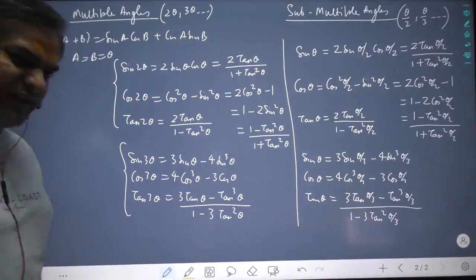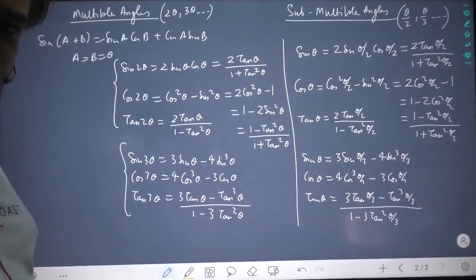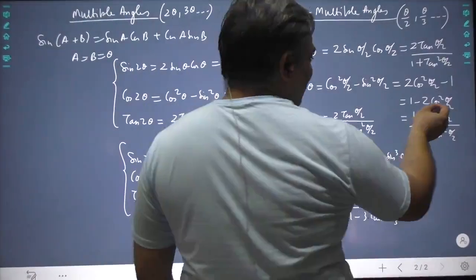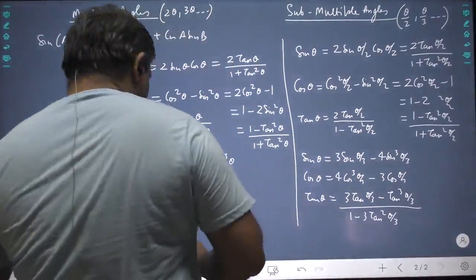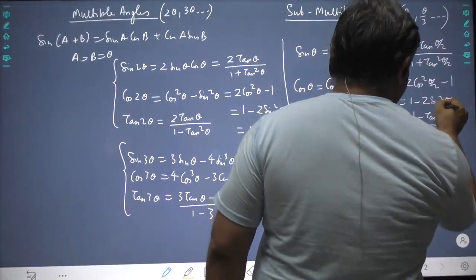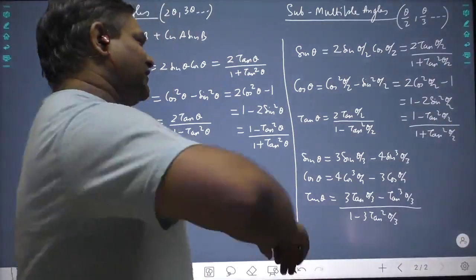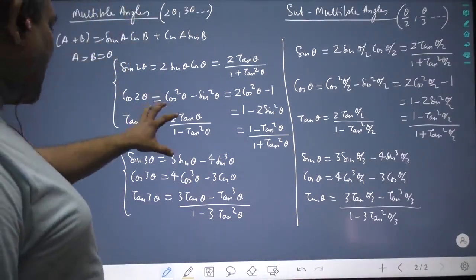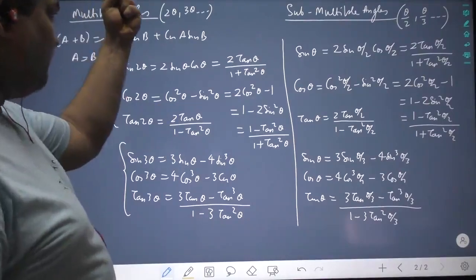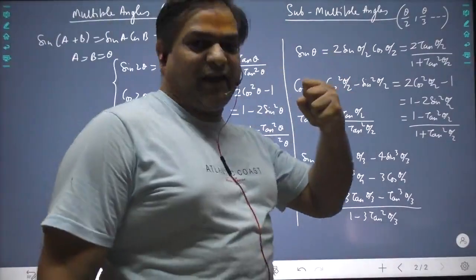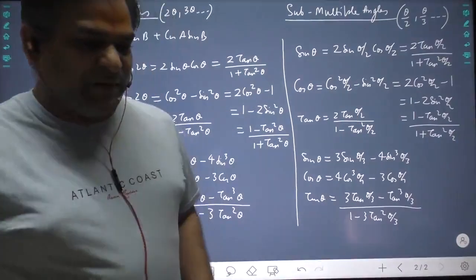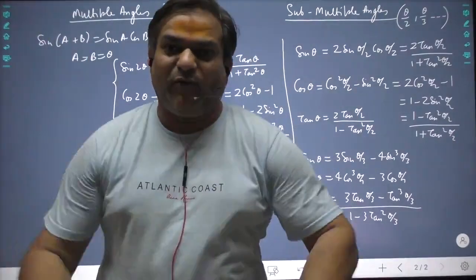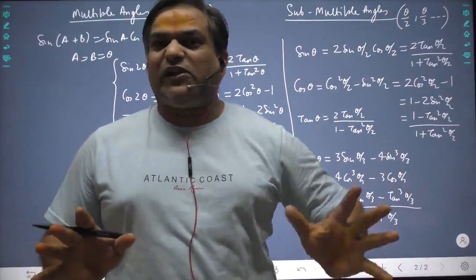Yeah, please ask. Sir, in cos theta, a little error, but it may go to blunder. It is 1 minus 2 sin square theta by 2. Definite. This is the formula of multiple angles and we are going to play with them, and this is the formula of submultiple angles.